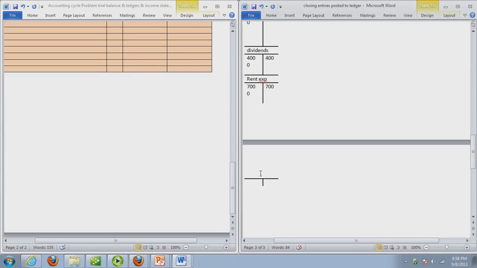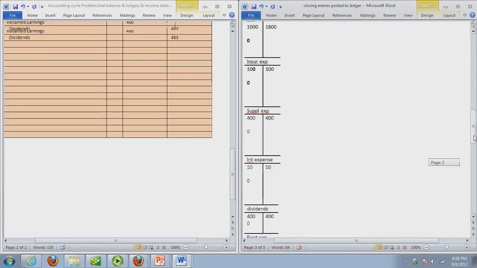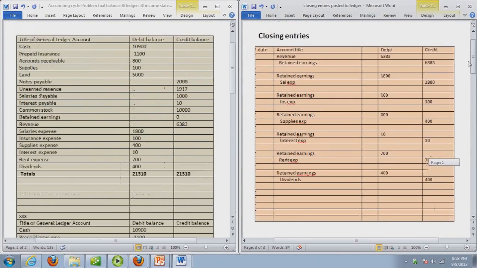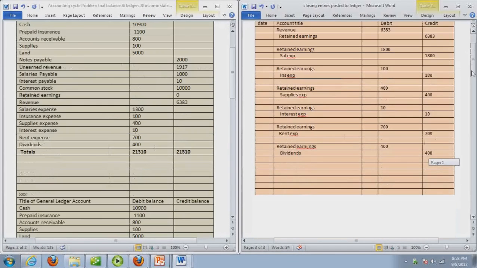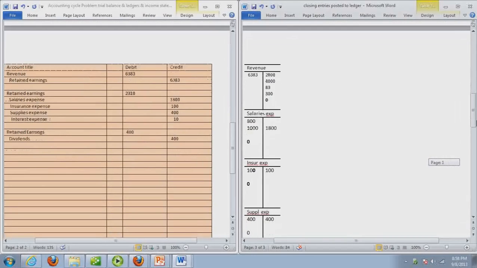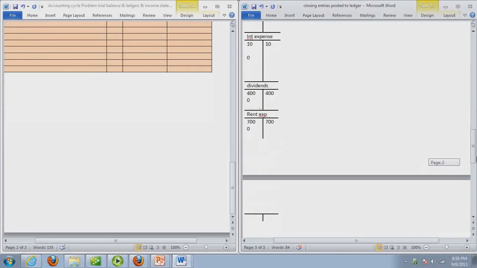So if we make retained earnings, from the original trial balance, of course, retained earnings was zero. So we have 6383. I don't know if this will work or not down here, but we'll use it.